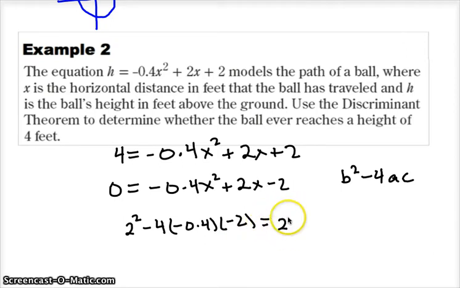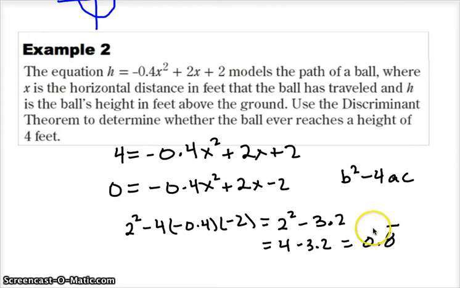This leaves me with 2 squared minus 3.2. 4 minus 3.2 is 0.8. So, since this is a positive number, it tells me that this parabola does in fact cross the x-axis, telling me that yes, the ball reached 4 feet high.